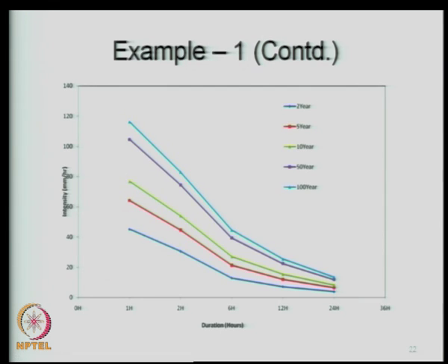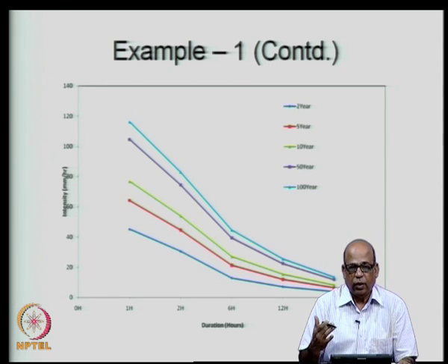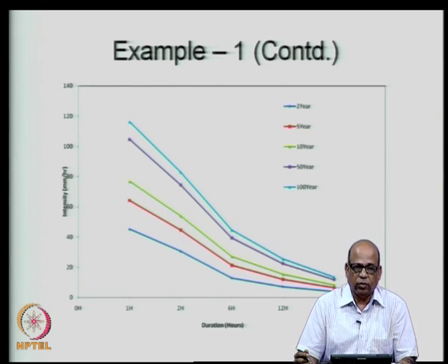Now, this is the way we construct the IDF relationships based on the observed data. Many times, you may not have a complete series of observed data that is necessary for constructing the IDF relationship. And typically the IDF relationships are given for different locations, different regions etcetera by meteorologic departments.